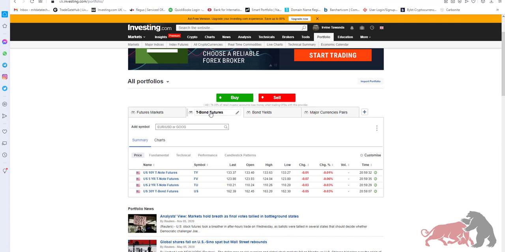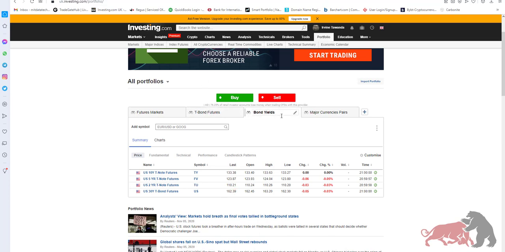The largest move that we got on the bond market was on the 5-year T-notes, a move of negative 0.07. Then we also have the 30-year T-note, just a move of negative 0.05. So there isn't much move, meaning we should see a bit of consolidation on the bond market.